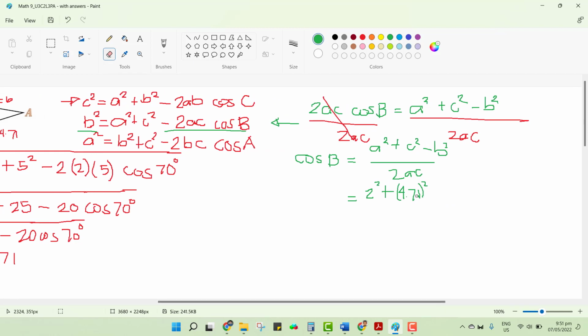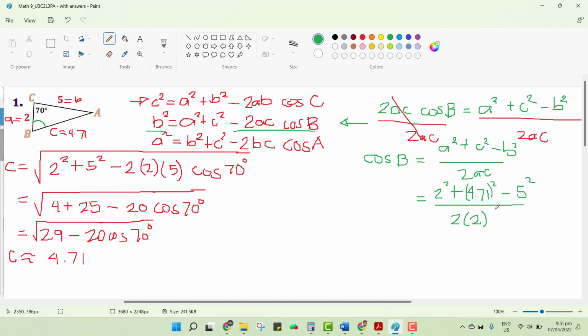In this manner, whatever results we get later are all approximations starting at this point. Less 5 squared, all over 2 times A, which is 2, times C, which is approximately 4.71. So we need to get the value of this first.